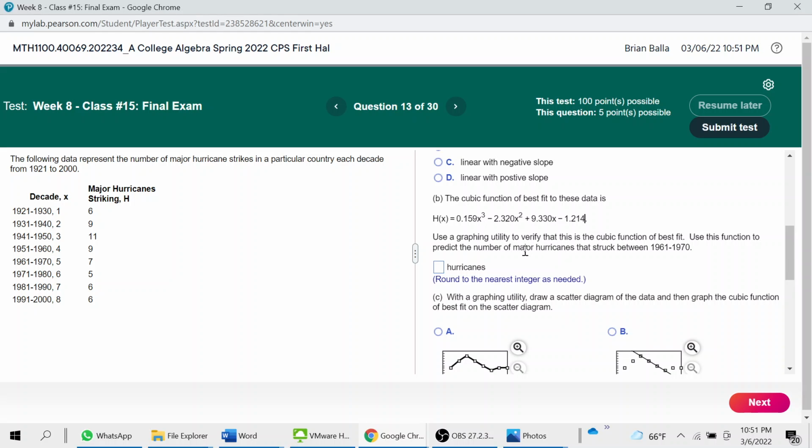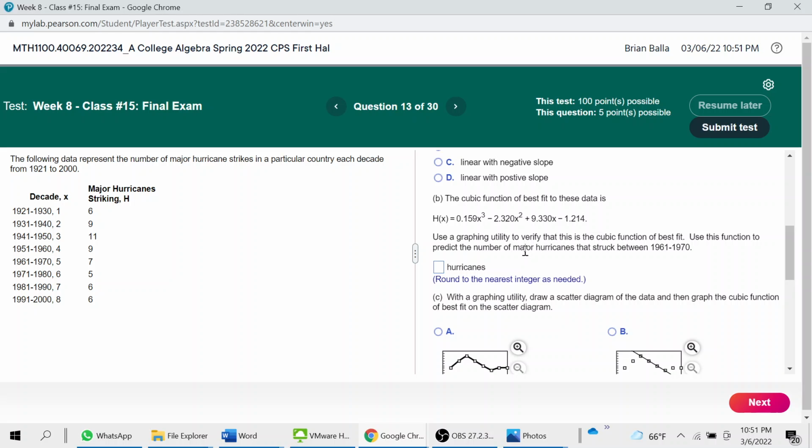Okay, 0.159x cubed. So for 1961 to 1970, that's x equals 5. Let me just type this into my graphing calculator and determine the value of h of x where x equals 5. Okay, 2320x squared plus 9.330x minus 1.214.